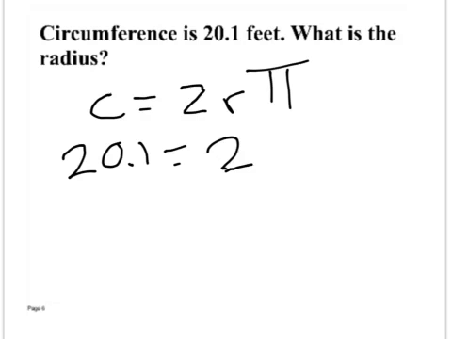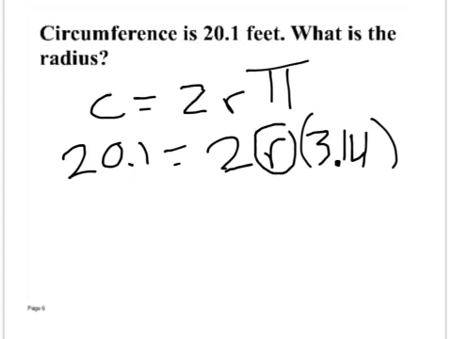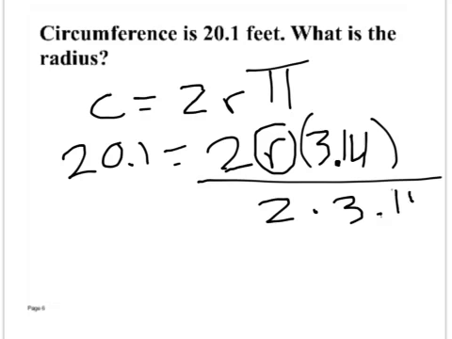Do I know my r? No, that's what we're trying to find. Do I know pi? Yeah, 3.14. It's a constant. It's not changing. What I'm going to do is get r by itself. So I'm going to divide by 2, and I'm also going to divide by 3.14.